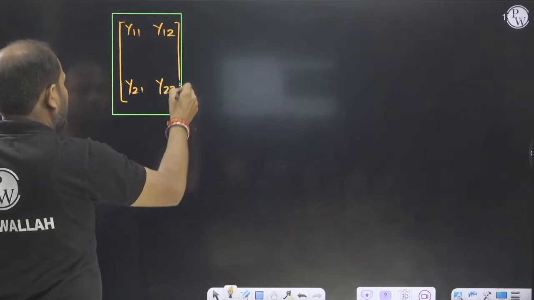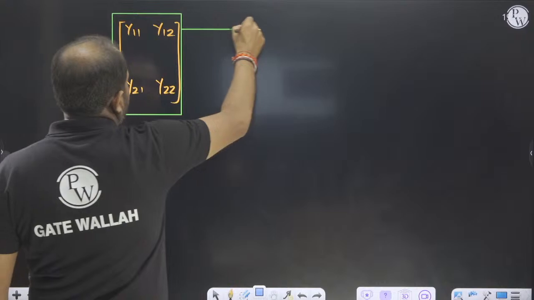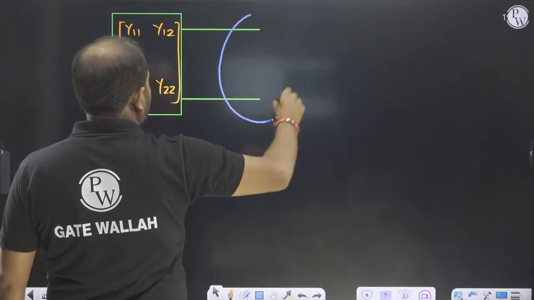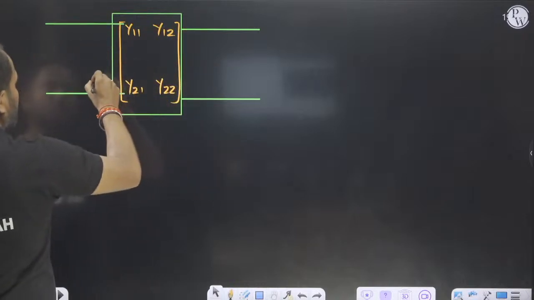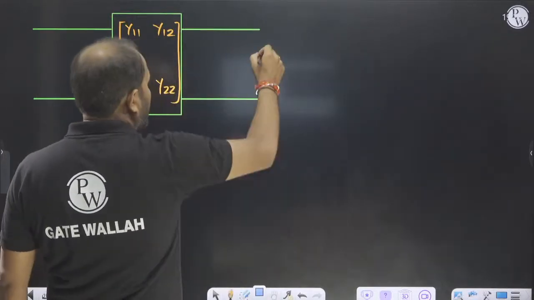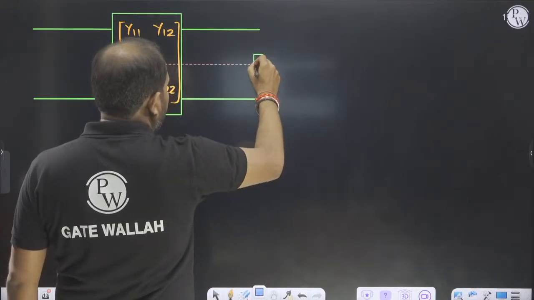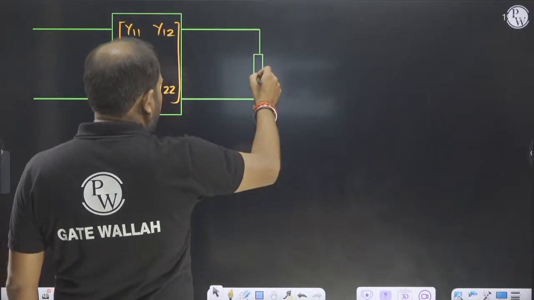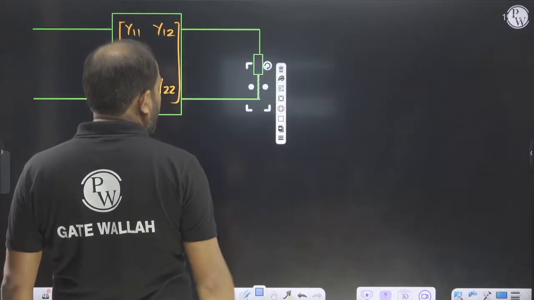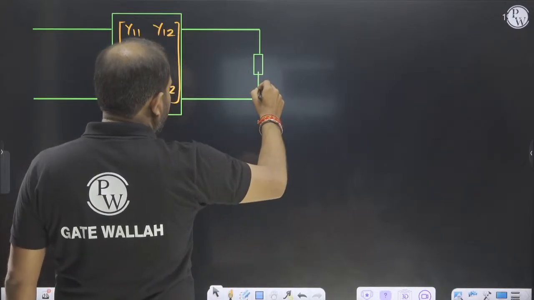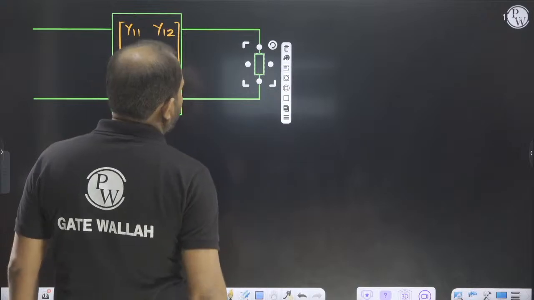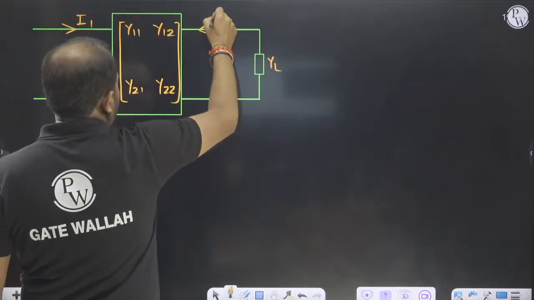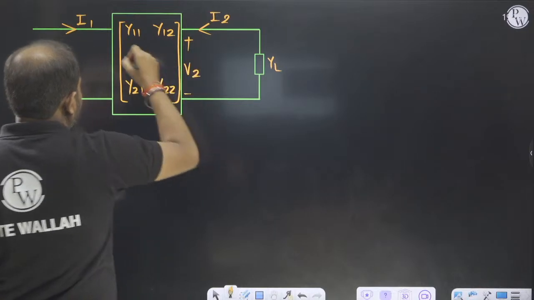And this one is YL, this one is current I1, this one is current I2, this one is voltage V1 and this one is voltage V2.